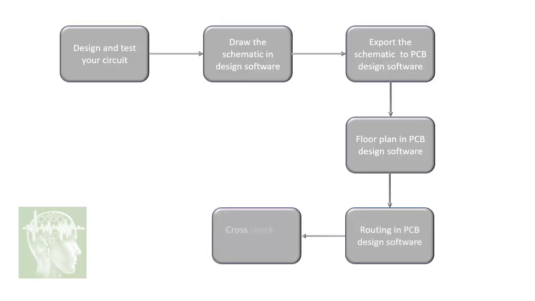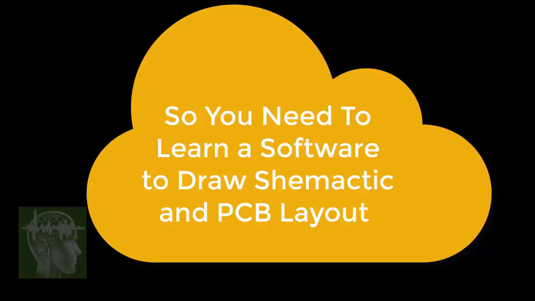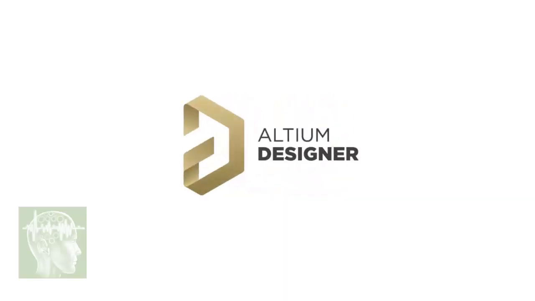Cross-check for any errors and then convert it to a Gerber file which you can send to your manufacturer to have the PCB manufactured. So you need to learn a software to draw schematic and PCB layout. There are multiple softwares, but one of the most popular software is Altium Designer.